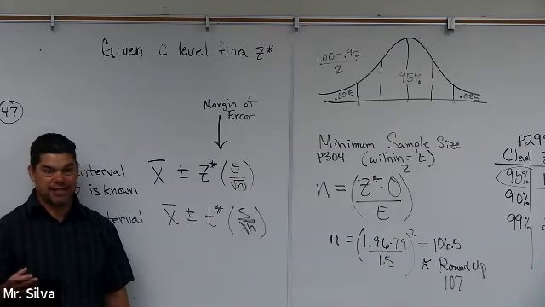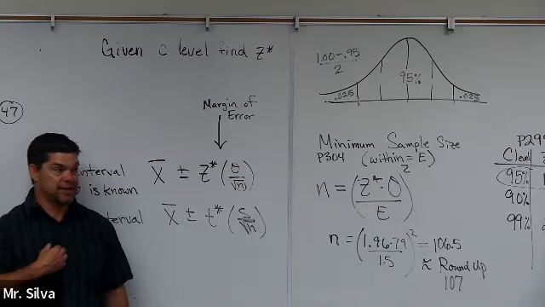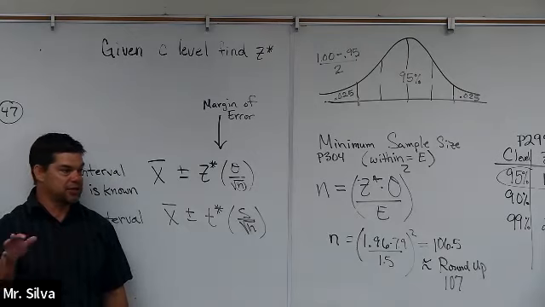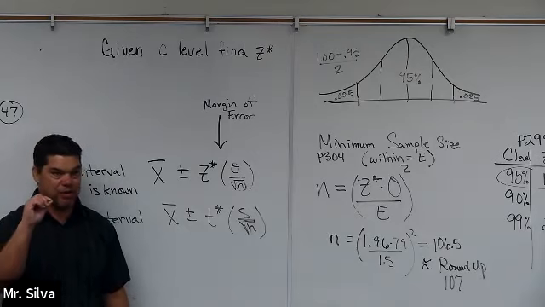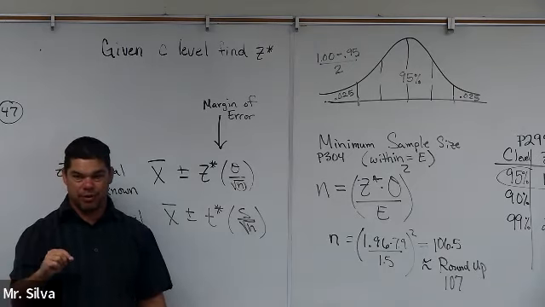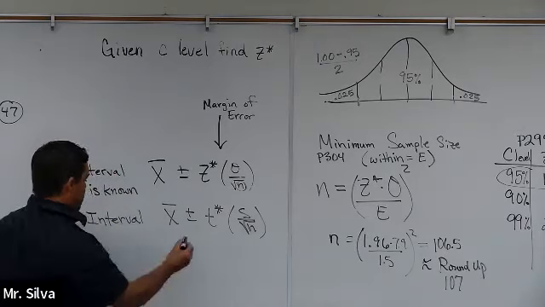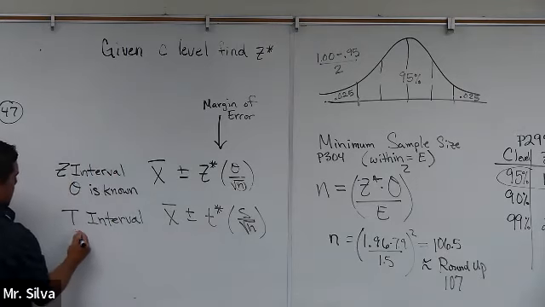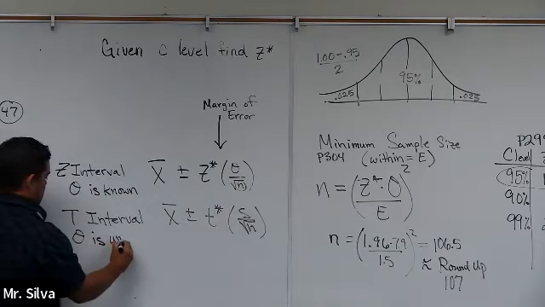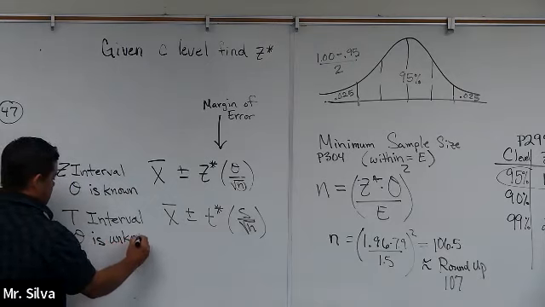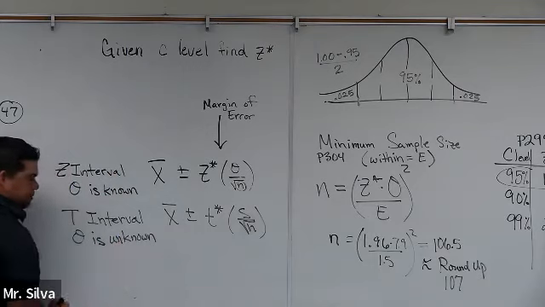I could also find the sample standard deviation of everyone's age. Do I know the standard deviation for everyone's age in the college? No. I only know my information based on the sample data that I collect. So it's more realistic to know the S. Those T intervals are for when standard deviation is unknown. So we have two intervals that essentially do the same thing.